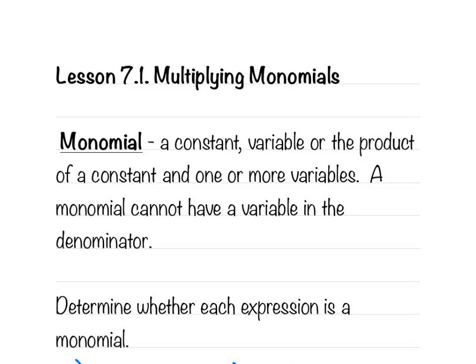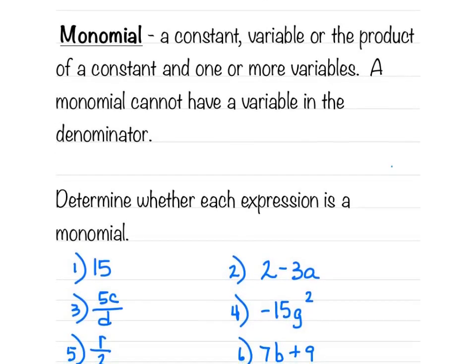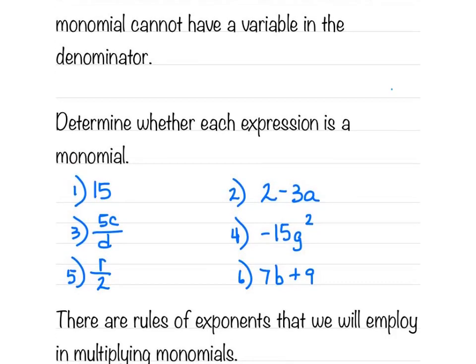So let's see if we can recognize a monomial. Determine whether each expression is a monomial. Number 1, 15. Well, 15 is a constant, therefore the answer would be yes.